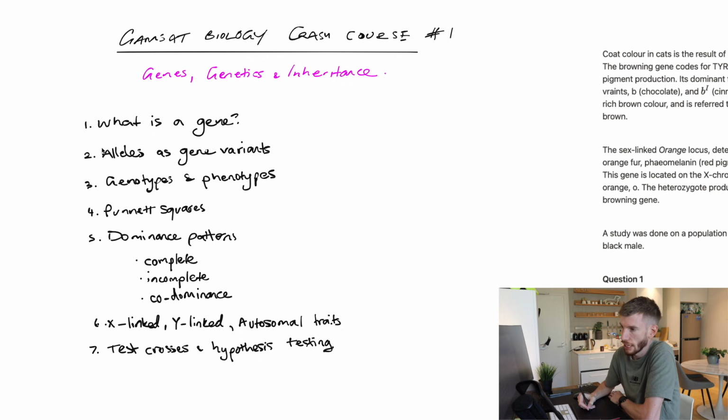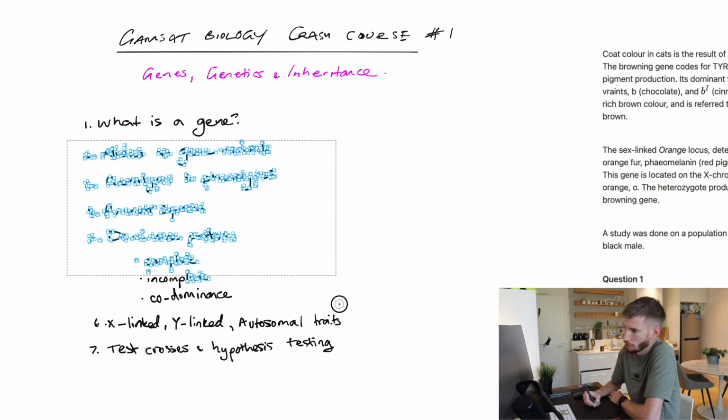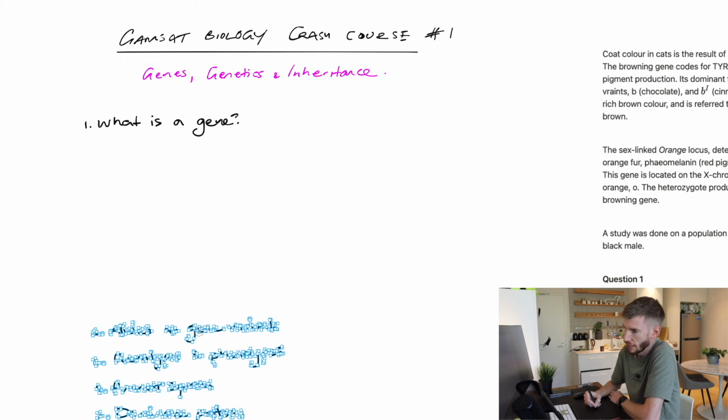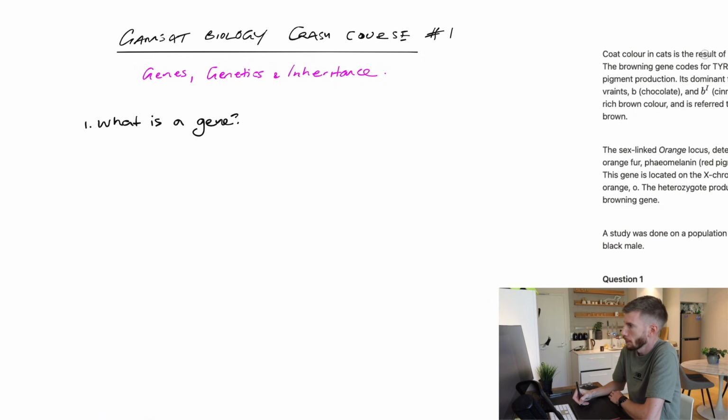So the first thing we're going to look at is just what is a gene, and what I might do here just to make this a little bit more organized, I'm just going to bring this out of the way now, like that. So what is a gene? So basically a gene is just a chunk of DNA. Again, I'll probably go into more of the detail of what DNA is and the coding and that kind of stuff in another video.